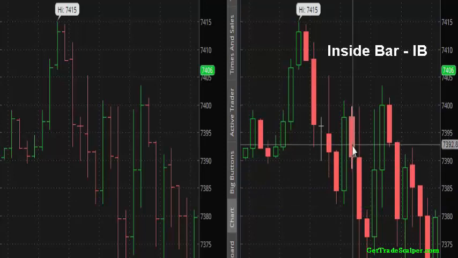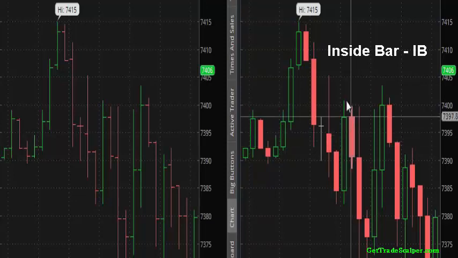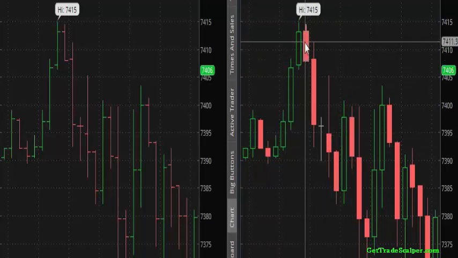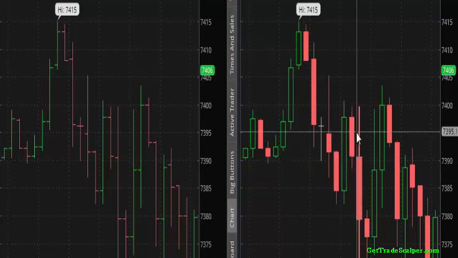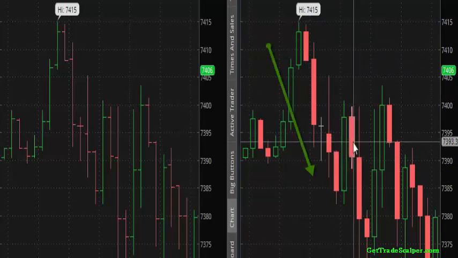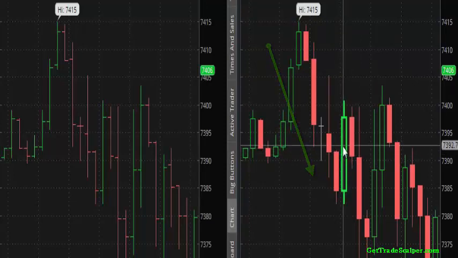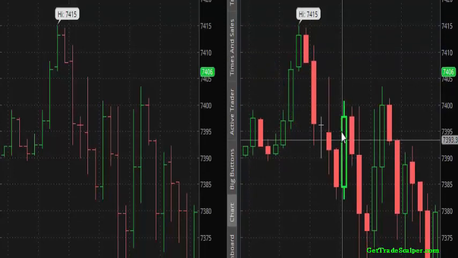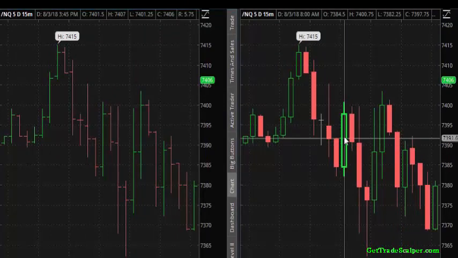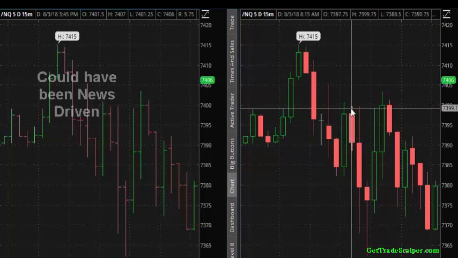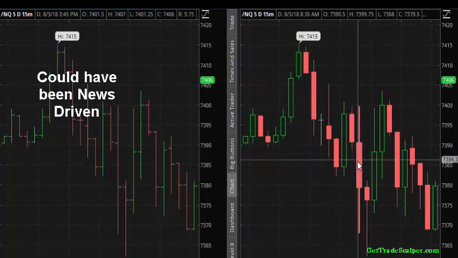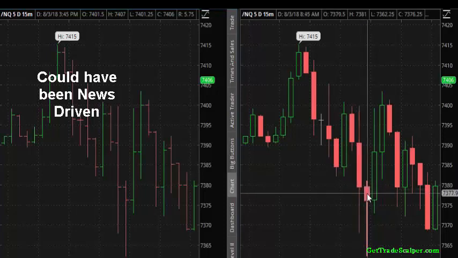When you have an inside bar, it's sort of a confirmation from this candle right here that the bearish trend will continue, and that this was just a little fake out breakout shakeout right there. It was just trying to catch some people. Something took place that caused this bar. But as you can see, price action continues to go down.